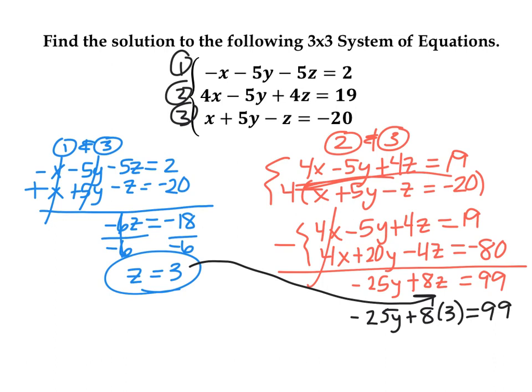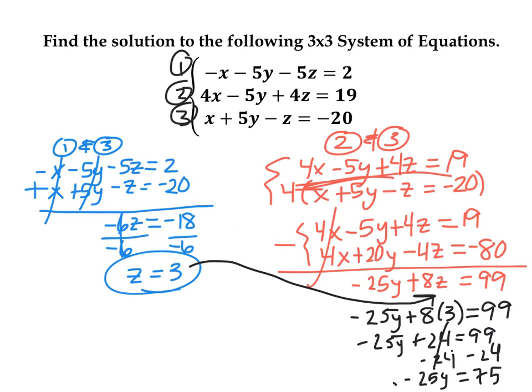And now I can solve for the letter y as well. So we have negative 25y plus 24 equals 99. We subtract 24 on both sides. We have negative 25y equals 99 minus 24, which is going to be 75.